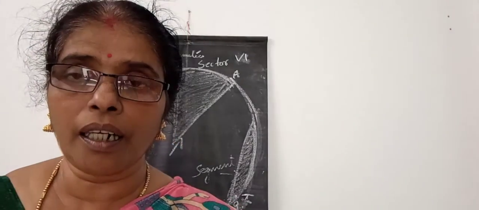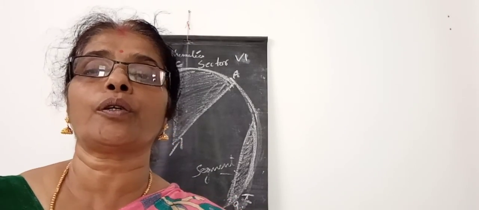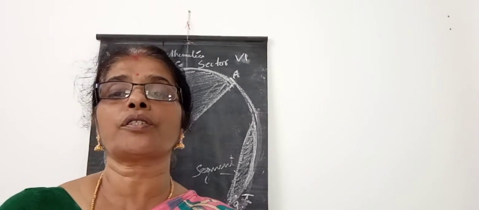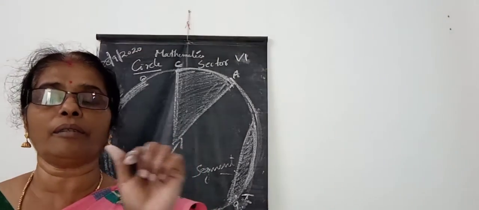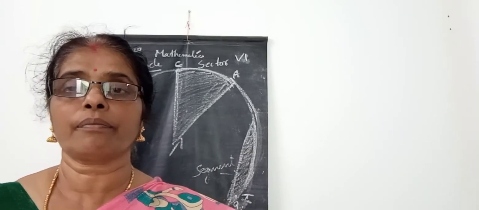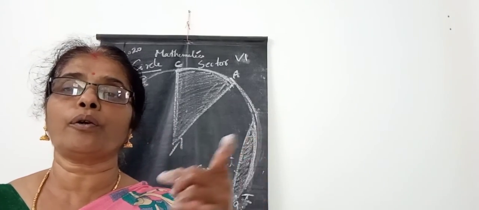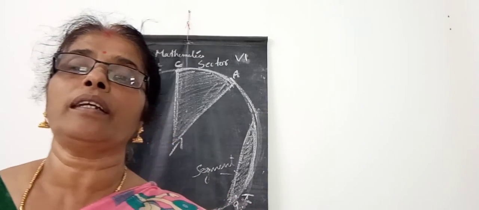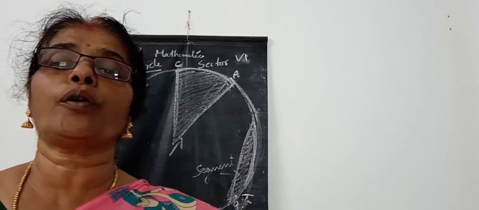Everyone, draw a big circle and you have to draw these parts of the circle. First you have to mark the center, and after that you have to draw a radius, and next you can draw a diameter. Diameter means a chord passing through the center, and you can draw a chord.